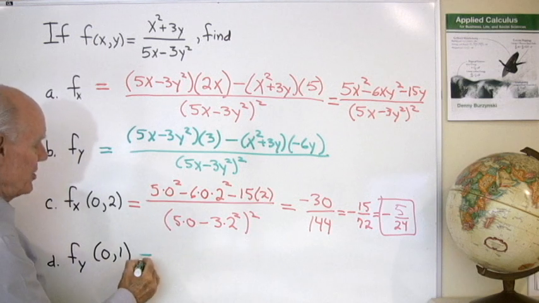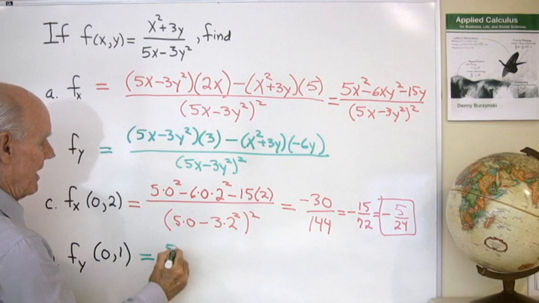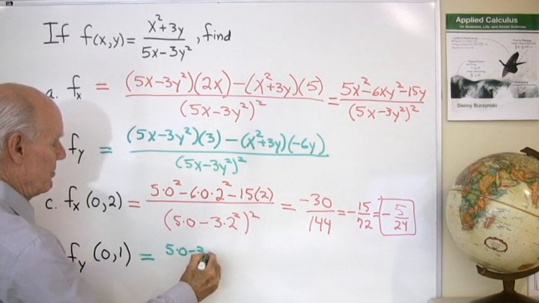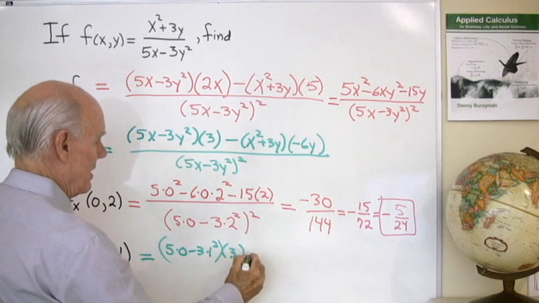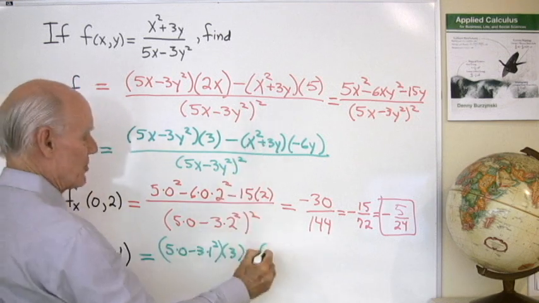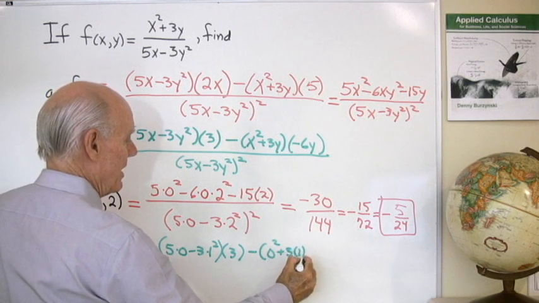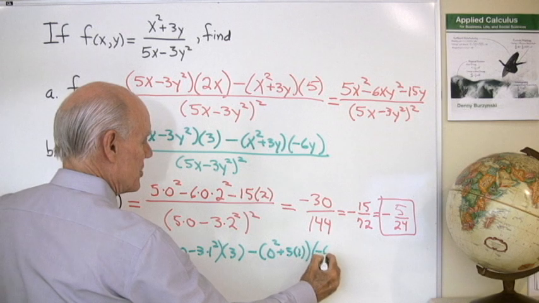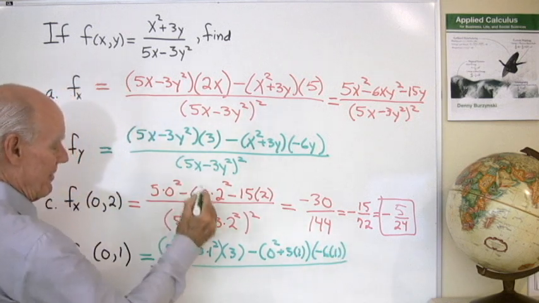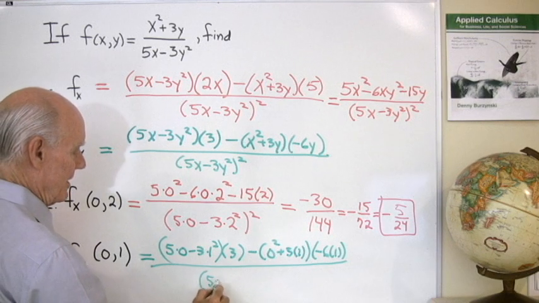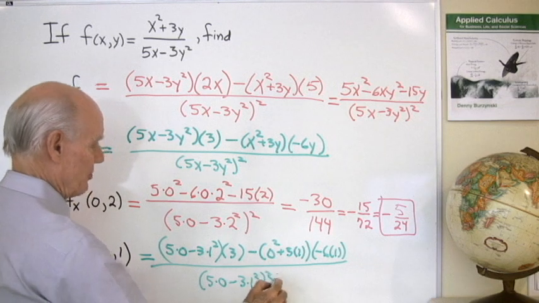When x is 0 and y is 1, this expression becomes 5 times 0 minus 3 times 1 squared, times 3 minus 0 squared plus 3 times 1, minus 6 times 1, all divided by 5 times 0 minus 3 times 1 squared, all squared.